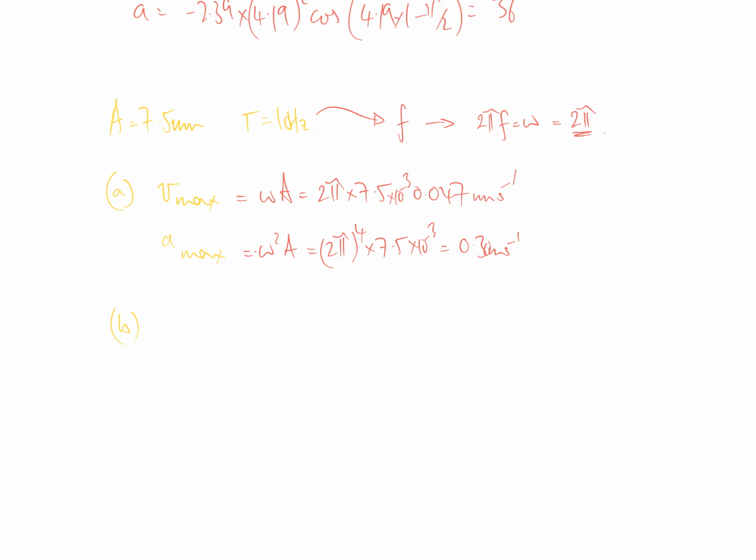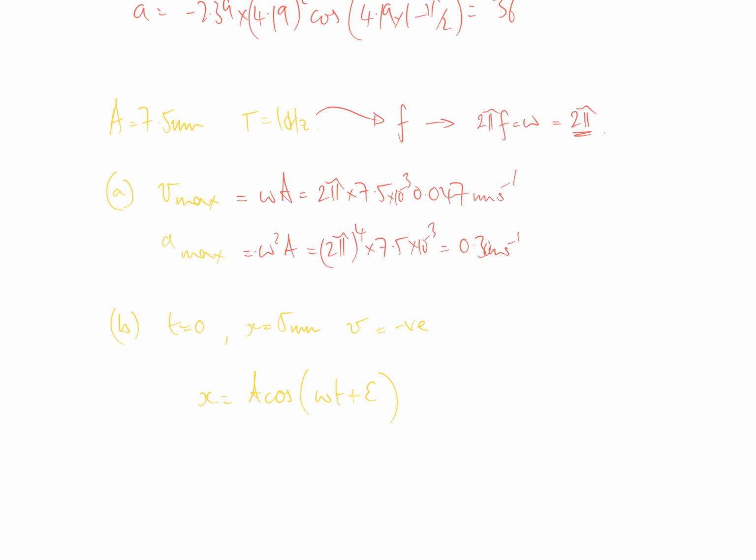Part B says, at position t equals 0, x was 5 millimeters and velocity was negative. Express x in terms of A cos(omega t plus eta). Well, how do we go about this?